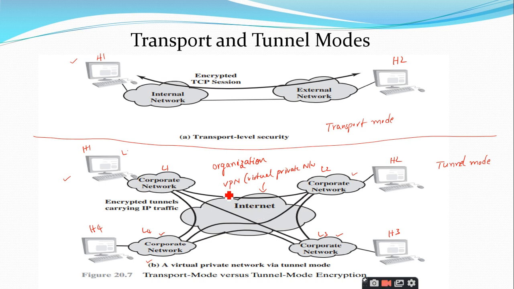So this is a virtual private network. It is related to the organization only. So these hosts that are present inside this virtual private network cannot communicate with the external internet based hosts. This is one of the important topics you should understand.